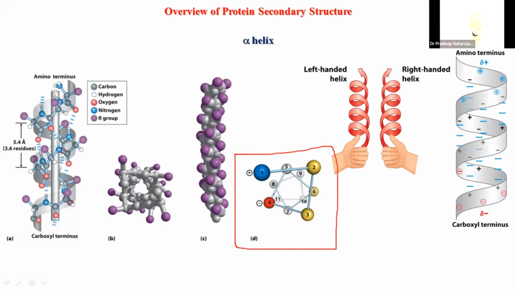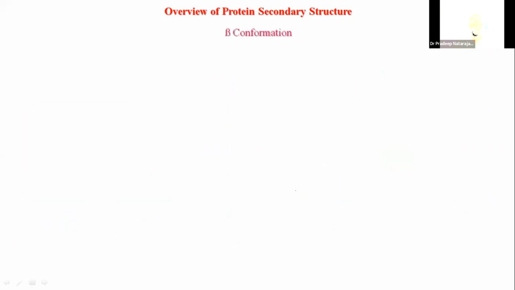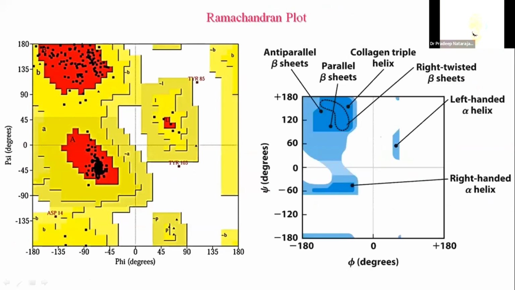Consider the numbering in this image, sir. The angle between these shows the alpha helix and right hand helix. If it is a left hand helix, this entire thing will be reversed upside down. Based on this plot, I can say the angle from 0 to minus 60 will be a right-handed alpha helix.